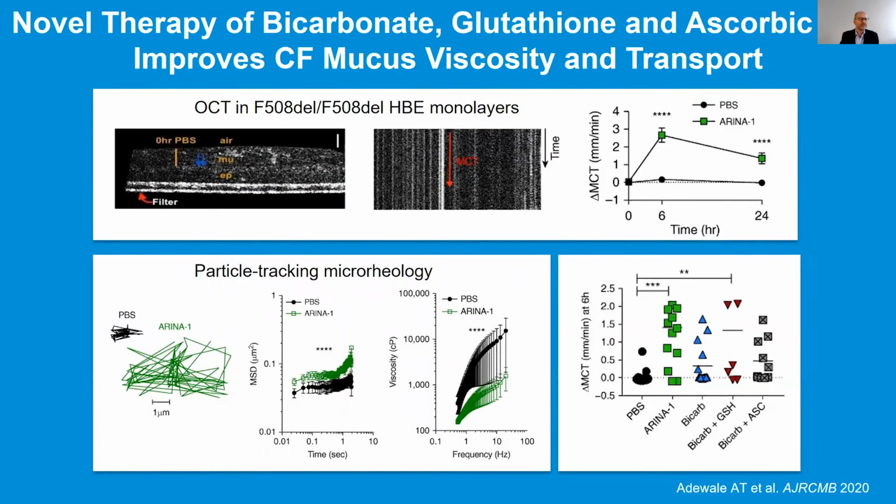Regarding therapeutic intervention, there's a recent study from Steve Rowe's group looking at the combination of bicarbonate, glutathione, and ascorbic acid, and showing by optical coherence tomography on primary bronchial epithelial cultures from CF patients, as well as using particle tracking microrheology, that this combination improves mucociliary transport, makes particles in the mucus more mobile, and reduces viscosity of CF mucus.